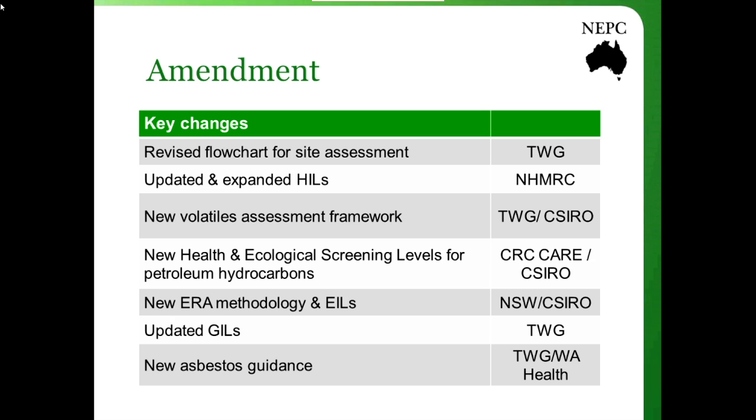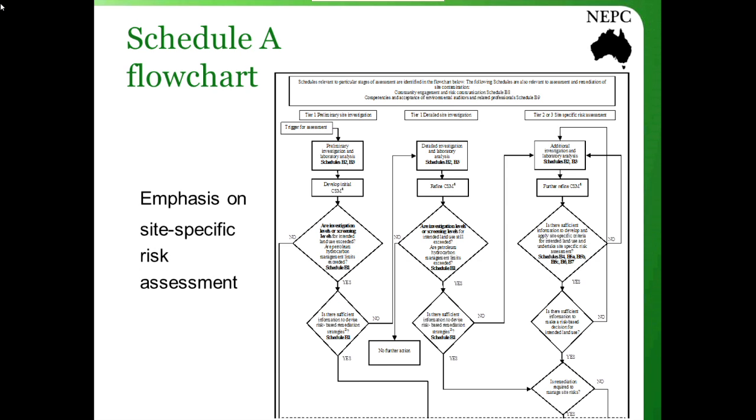I'm going to go through the ones that I have listed here and also some of the changes to the other schedules as well. So first, and by no means am I expecting people to read this. Unfortunately, I made a terrible copy of this, is Schedule A. So at the end of the measure, the flow diagram, which has been updated very much to emphasise the role of a tiered assessment.